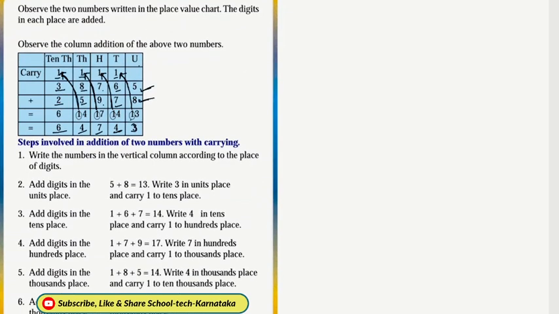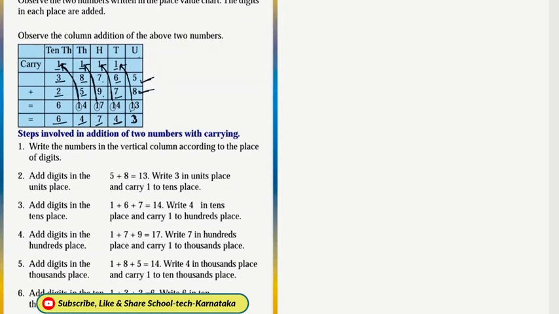So let's see the steps involved in the addition of two numbers with carrying. The first step is to write the numbers in the vertical column according to the place of digits, that is units, tens, hundreds, thousands and 10,000s.